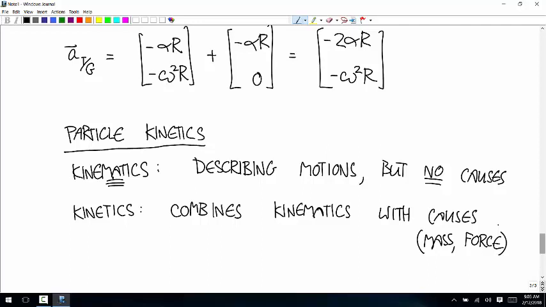So, I don't know, this is a way to keep these straight. I don't know if it's the best way, but kinematics is the more complicated word and the less complicated subject. Kinetics is the less complicated word and the more complicated subject.